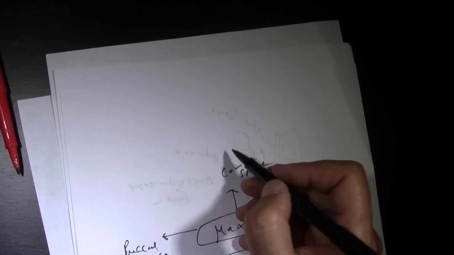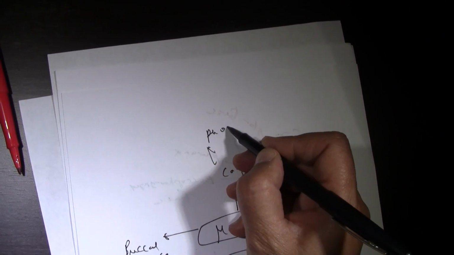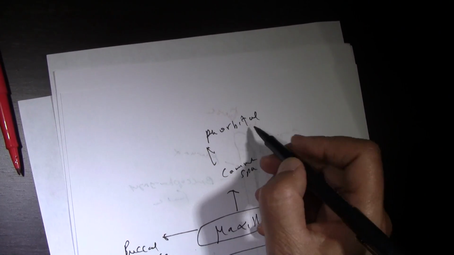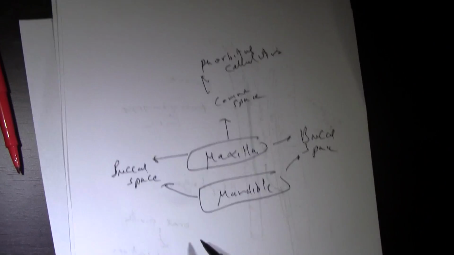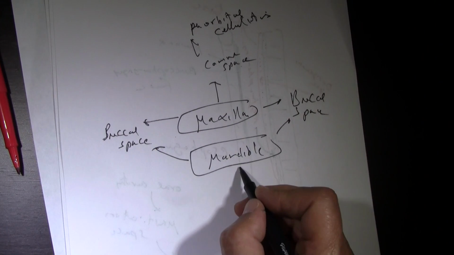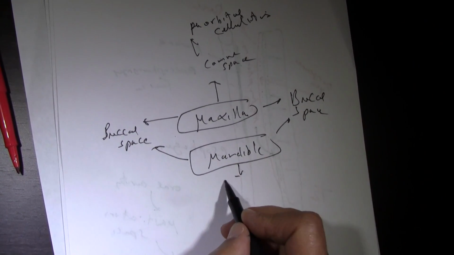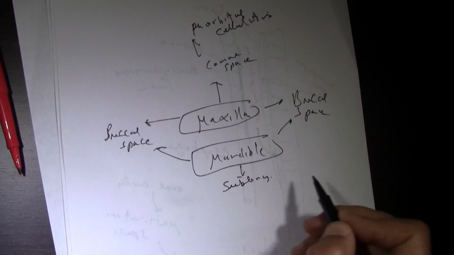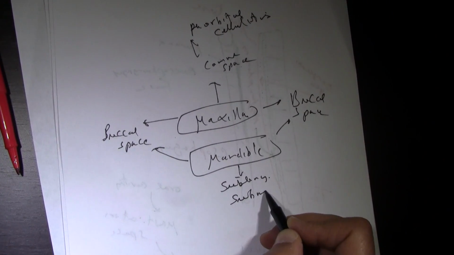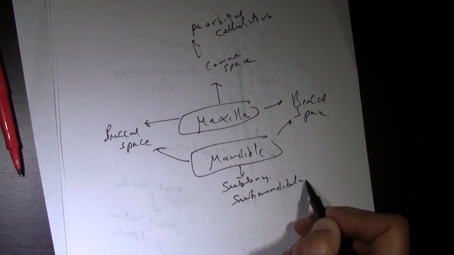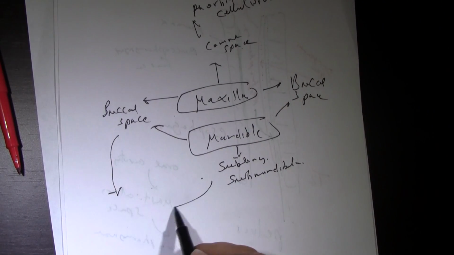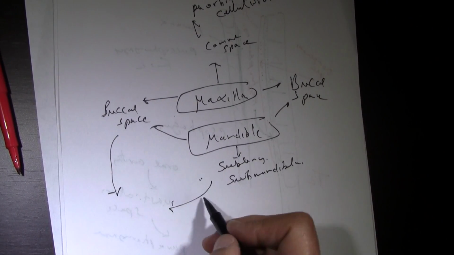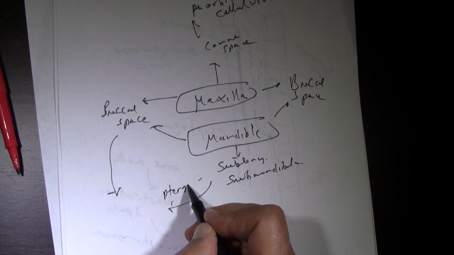If this goes to canine space, it can lead to periorbital cellulitis and edema. From mandible it can go to sublingual, submandibular, behind mylohyoid, and then buccal space and submental, submandibular, and pterygomandibular also.